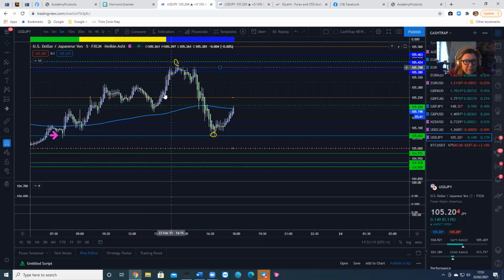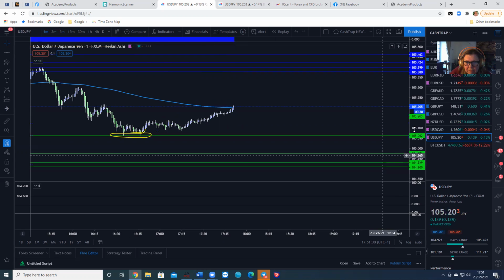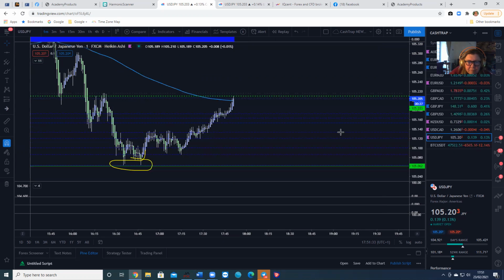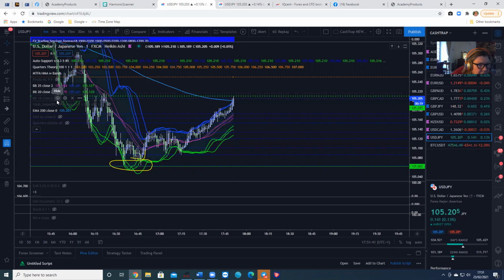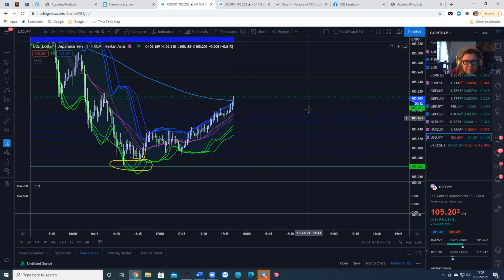So you've got two possible levels, but it is coming through that 200 moving average. So let's see on the 1 minute what's happening. And on the 1 minute, I'm going to put on now our Bollinger Bands. And let's see what that tells us.